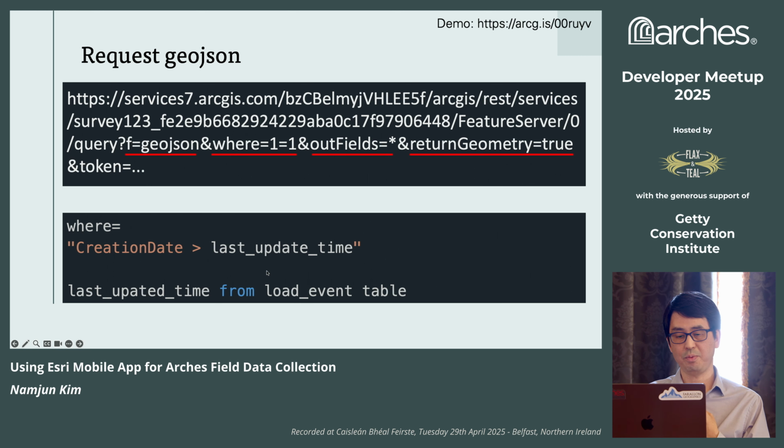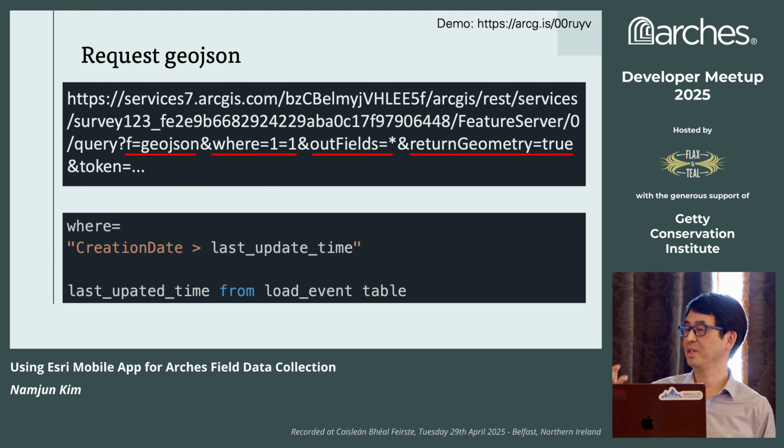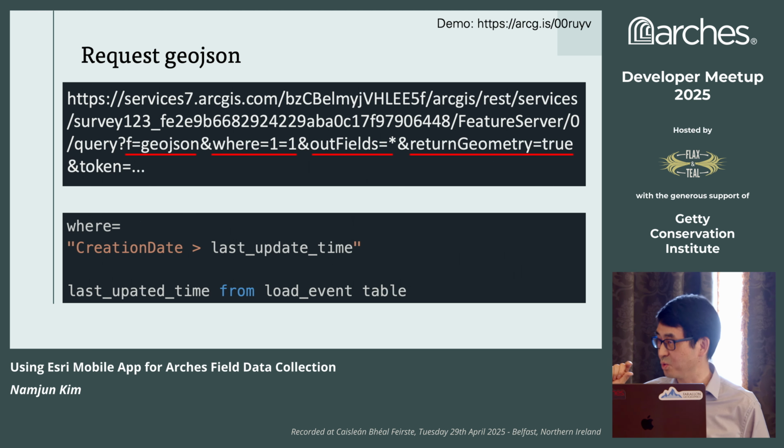And the load staging table has a timestamp. Every time you run the module, it will timestamp when it happened. So you can use that the next time you do the same. There are probably various ways to do this, but you can get the timestamp and then compare it with the creation date. Then you can get only the updates since the last update.